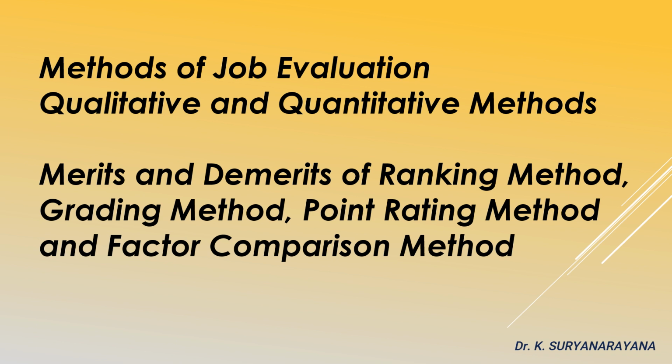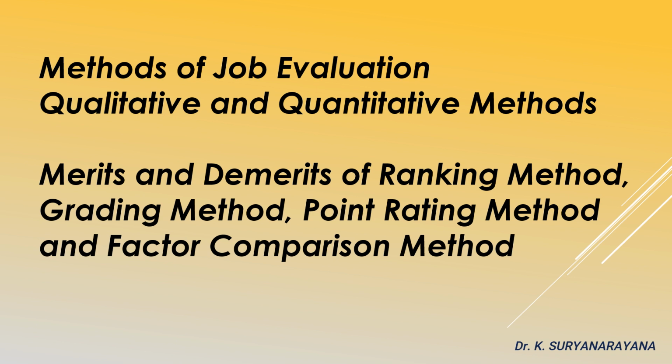These include point rating method and factor comparison method. Point rating method is the most commonly used technique of job evaluation. In this method, the jobs are divided into component factors and each factor is assigned some points or weights depending upon its importance in a particular job. The total points obtained for a job gives its relative worth.